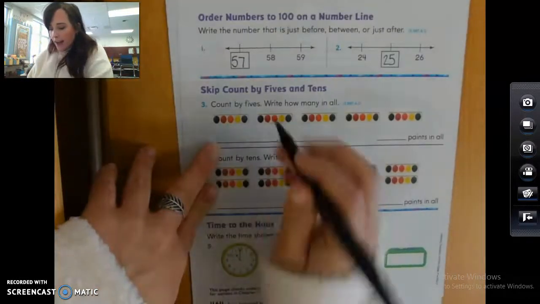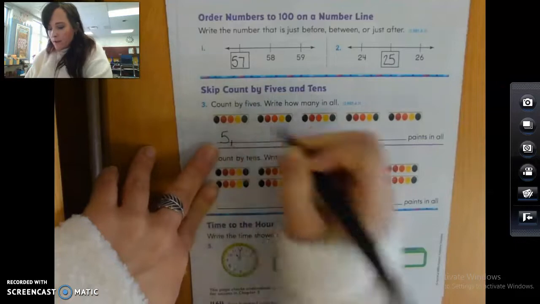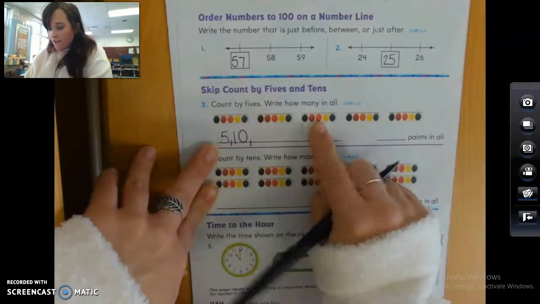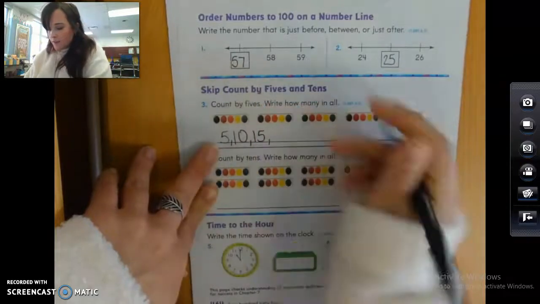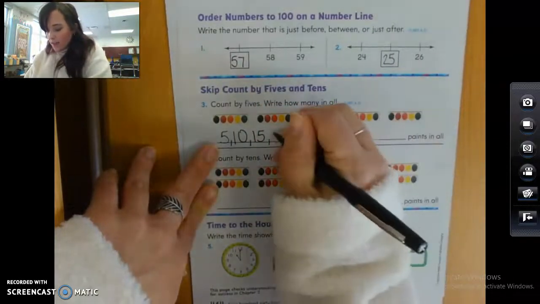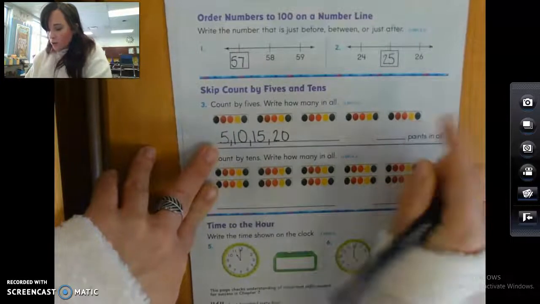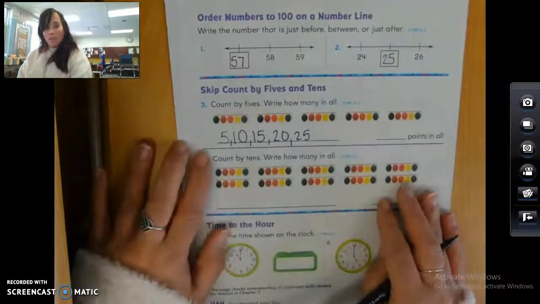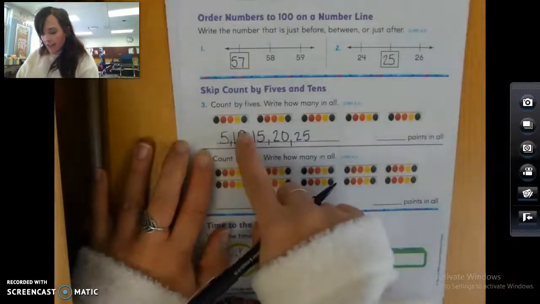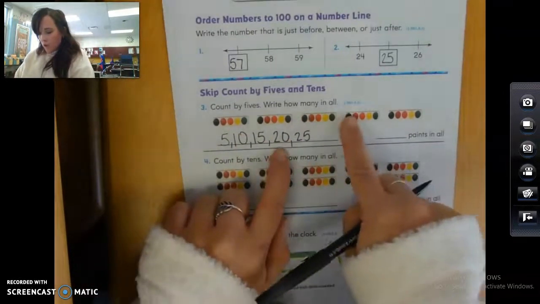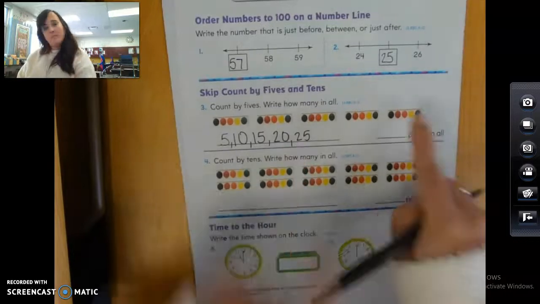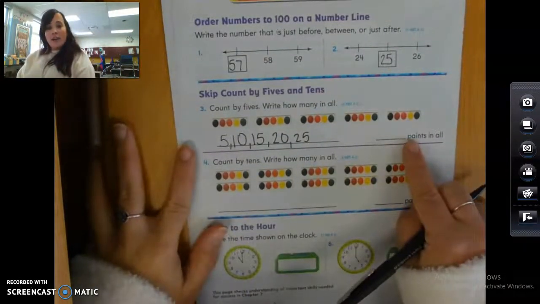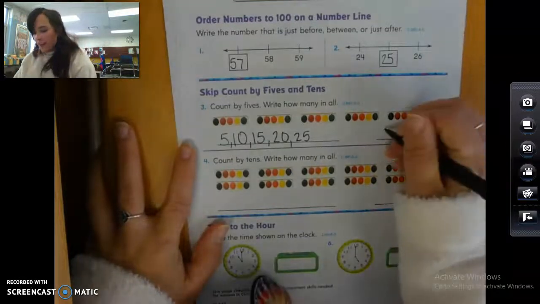We have 5, 10, 15, 20, 25. So let's just make sure that we got all of them. 5, 10, 15, 20, 25. Perfect. All right, so how many paints are there in all there? 25.